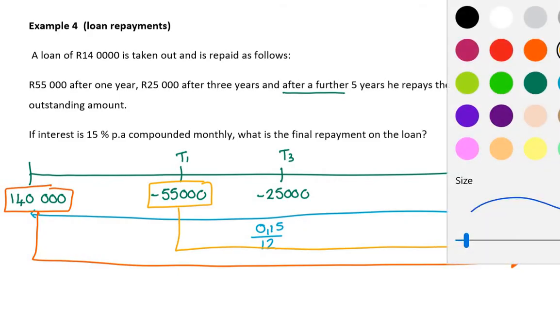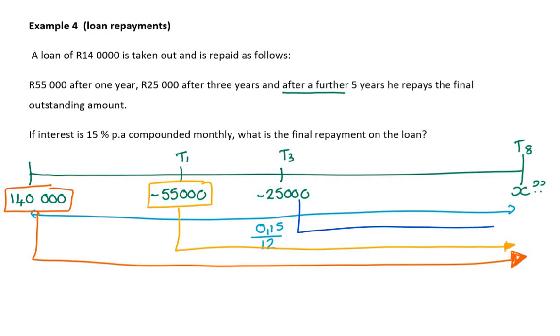Then let's take our 25,000 Rand payment and find out what it's worth at the end. And surely then I must take the loan, subtract the two payments. And when I push equals, that should be the amount that I still owe. And they said that he pays that final amount. And so whatever that answer is, I'm assuming should be my X value.